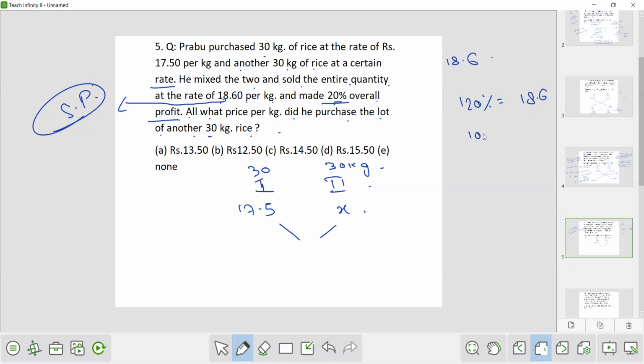So we have to find what is 100%. We can cancel it in the 20 table, that is 5 and this is 6. So 6 is equivalent to 18.6. So 1 is equivalent to 3.1. So 5 is equivalent to 15.5.